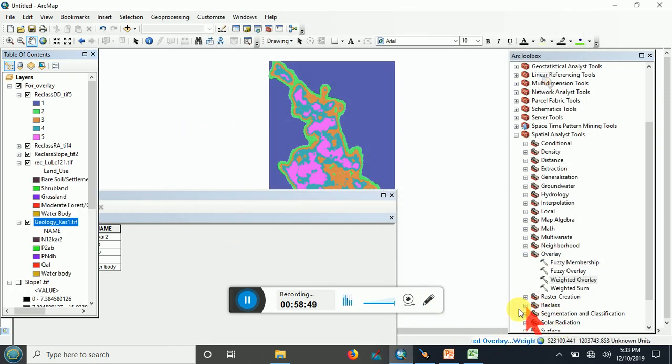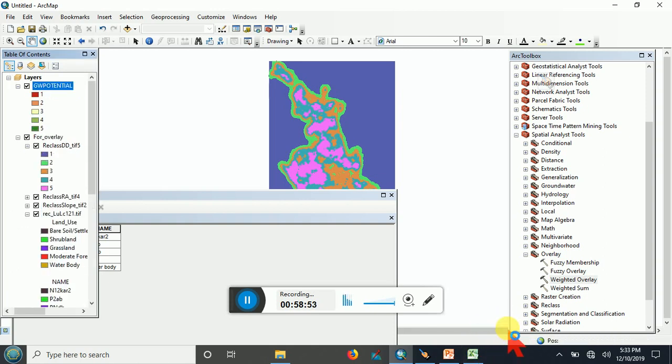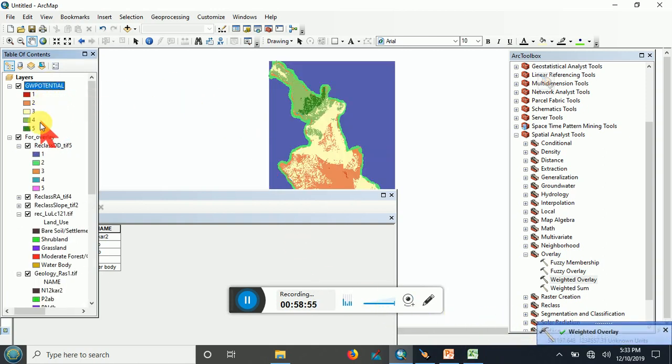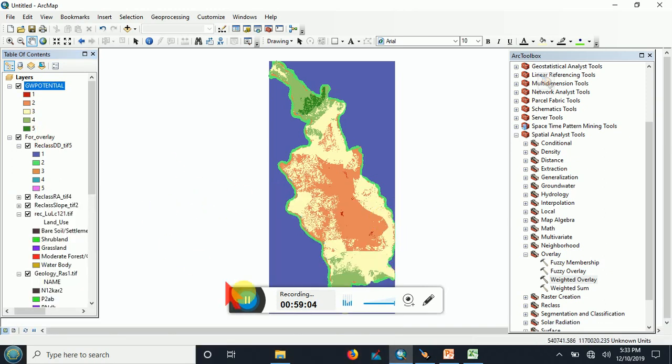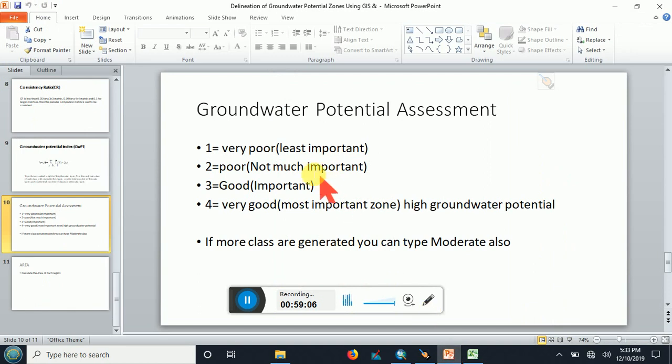Now it's working. You can see it here on the status bar. After calculating, I will have my groundwater potential zone, which has 5 groups. So we can assume that 5 is very good, 4 is good, 3 is moderate, 2 is poor, and 1 is very poor.